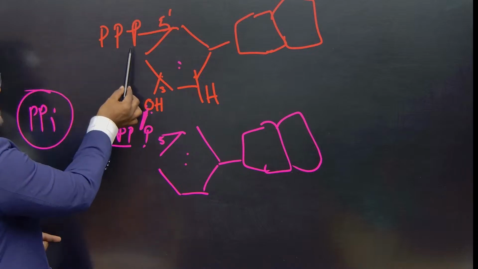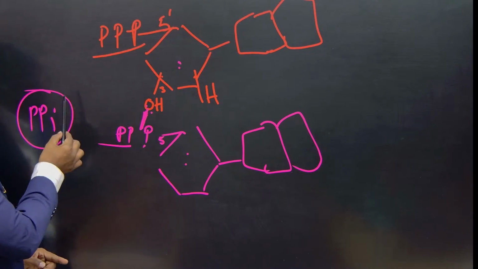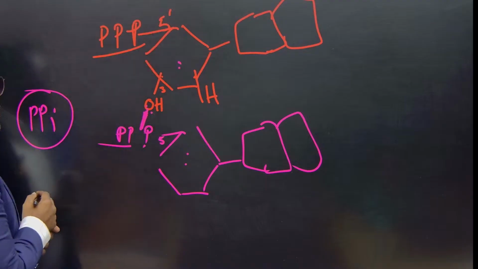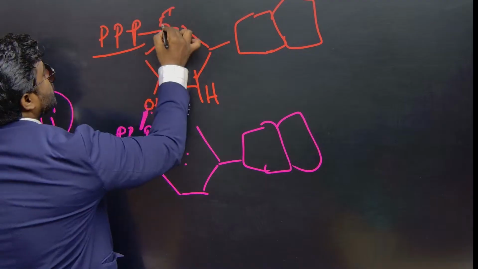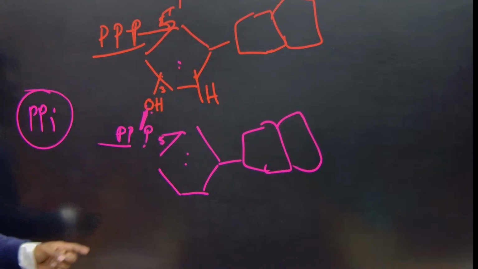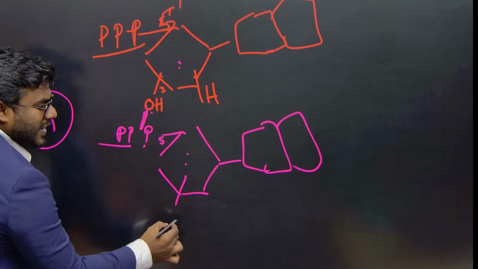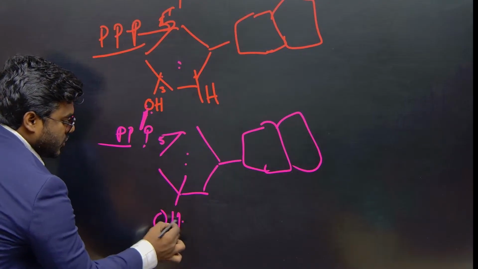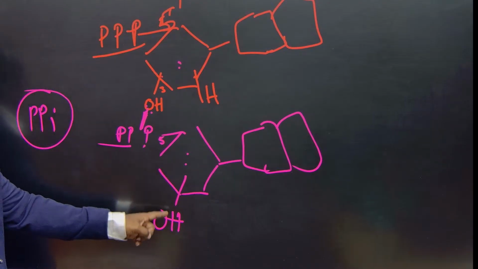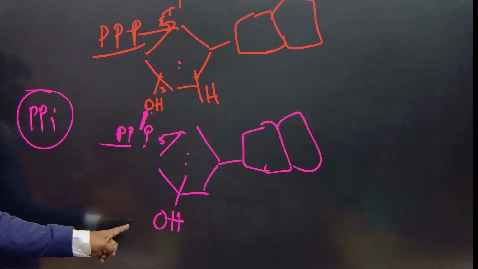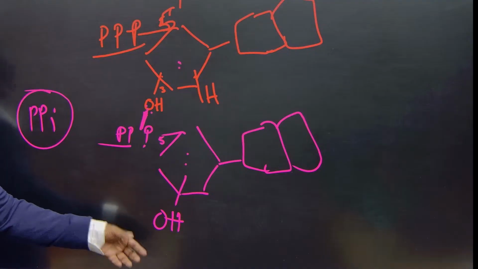And can I say that this is a free group? Correct? And at which carbon is it located? That's why this is called 5 prime. Consider this is the last nucleotide. At the third carbon, which group is there? Is this OH group combined or involved in any phosphodiester bond? No. It is located at the third carbon and it is free.